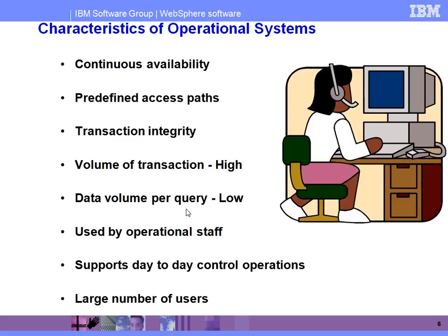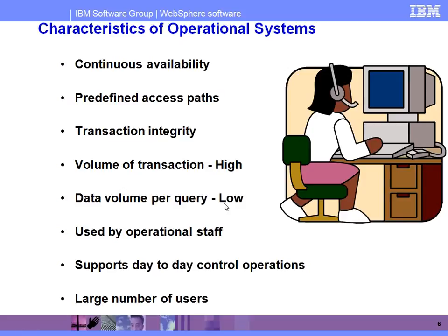For example, I want to know how many products were sold in Hyderabad city. When you take a report from the warehouse, you get lots of information. But when you take such a report from operational systems, you receive only a low amount of data. That's what we call data volume per query is low.